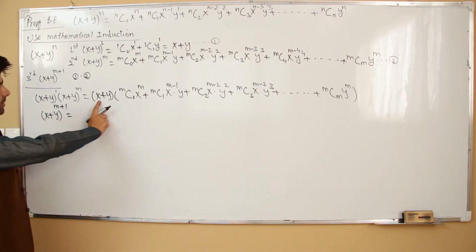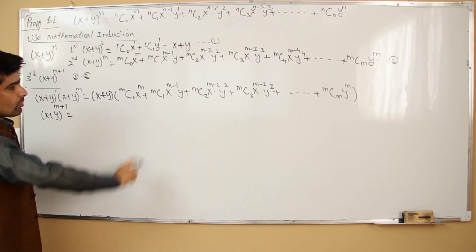Now multiply the first term with all the terms and the second term with all the terms.